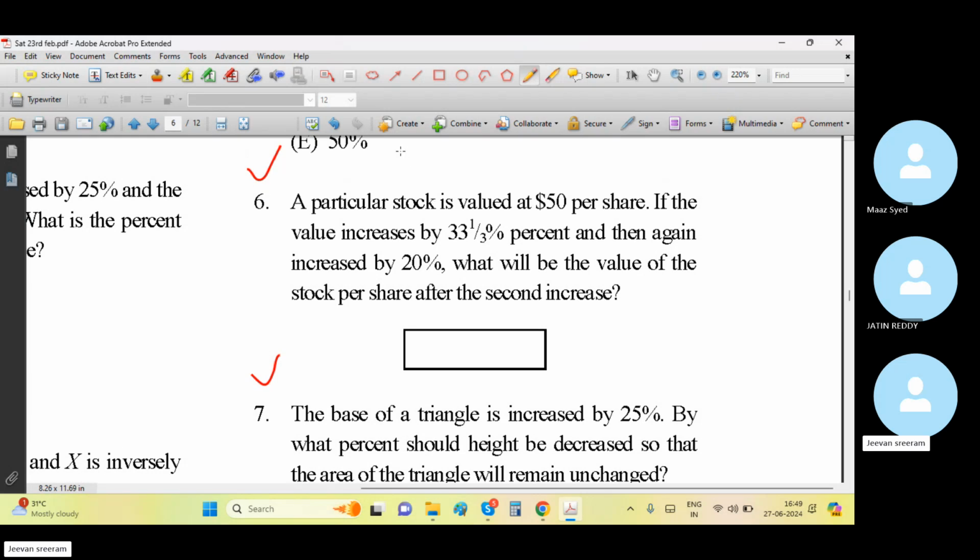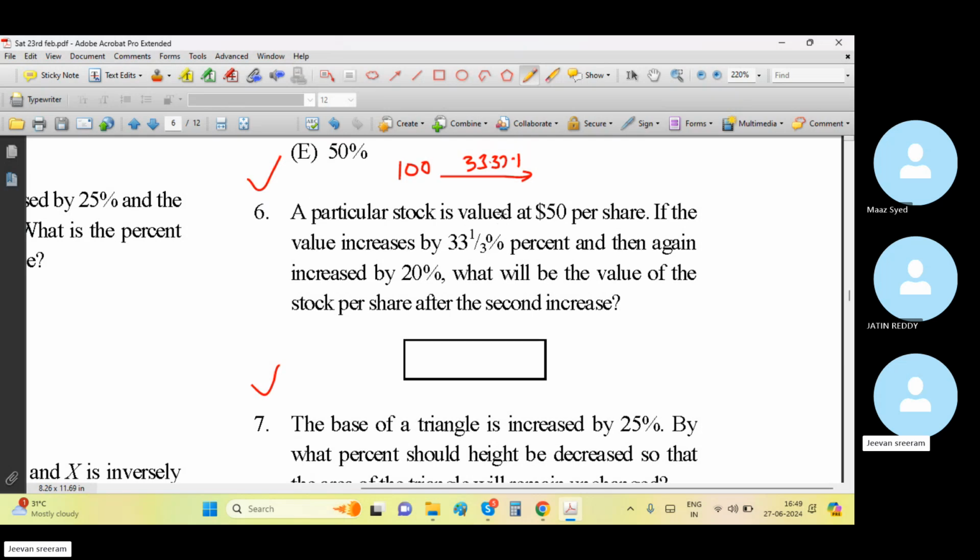So for example, dealing with 100 is so easy, no? If it has been increased by 33.33%, what does that mean?